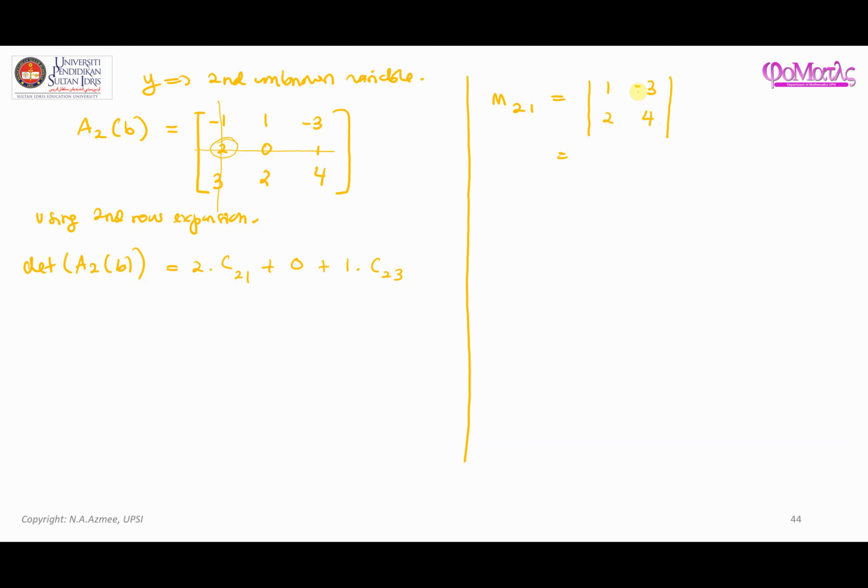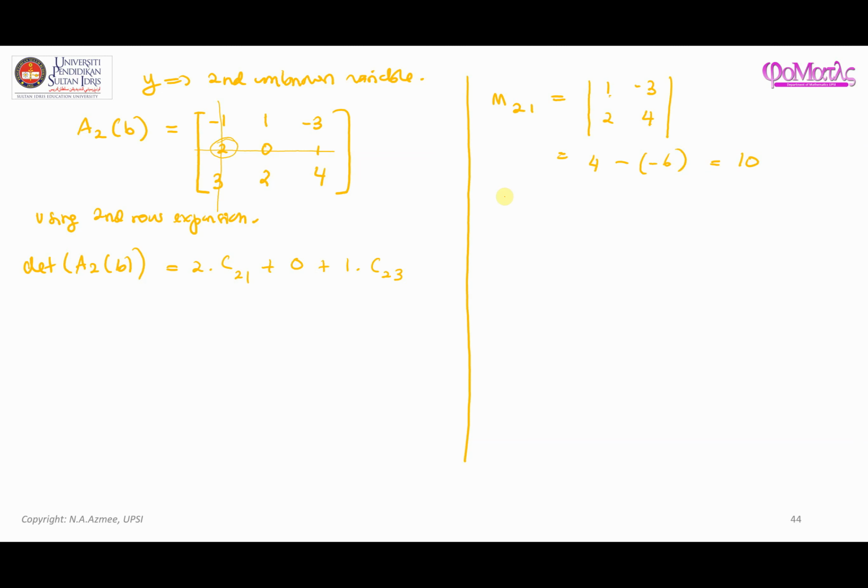And the determinant of this matrix can be easily found by multiplying these two together. So we have 4 minus, the result here is negative 6, therefore M21 is equal to 10.